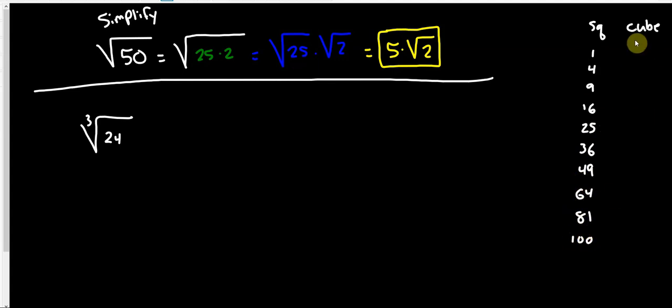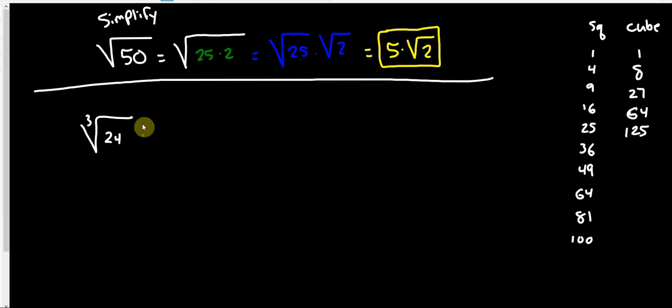If I did cubes: 1, 2 cubed is 8, 3 cubed is 27, 4 cubed is 64, 5 cubed is 125, and you could use a calculator to fill in the rest. So 24 is not a perfect cube. Do any other perfect cubes divide evenly into 24? Oh yeah, 8 does.